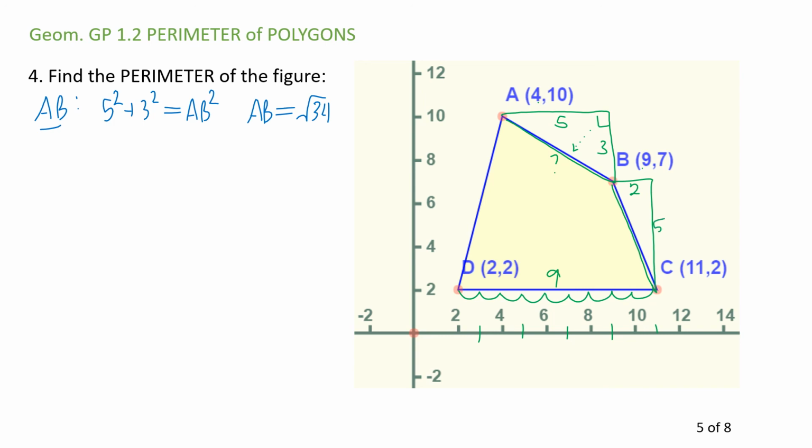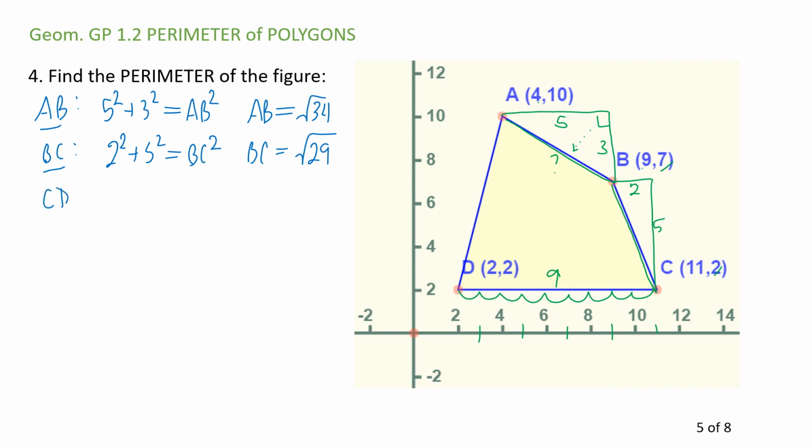You can count back to the edge, or you can just say, what's the difference between 7 and 2? So, BC, 2 squared plus 5 squared is equal to BC squared. BC is equal to the square root of 29. Don't forget to take the square root.